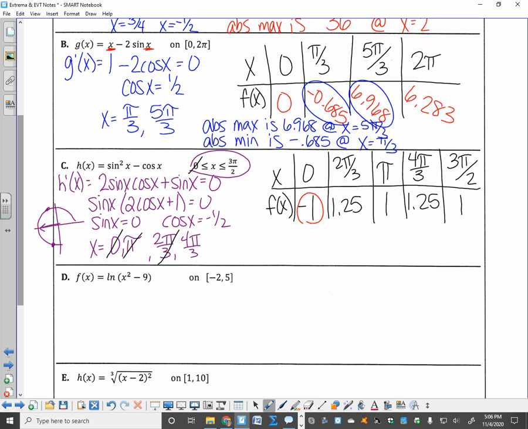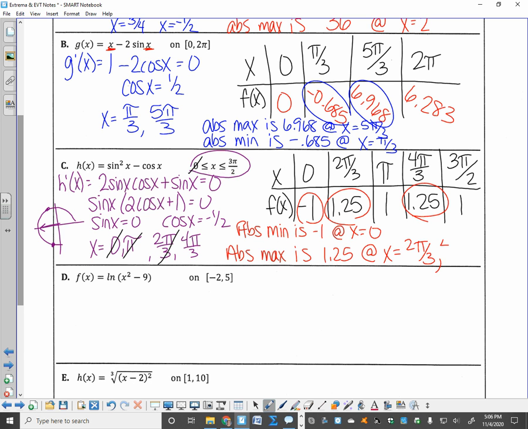Ooh, and a tie for the max. We have a tie. Okay, so here's how we're going to write it. The absolute minimum is -1 at x equals 0. The absolute max, watch this, is 1.25 at x equals 2 pi over 3, comma, 4 pi over 3.